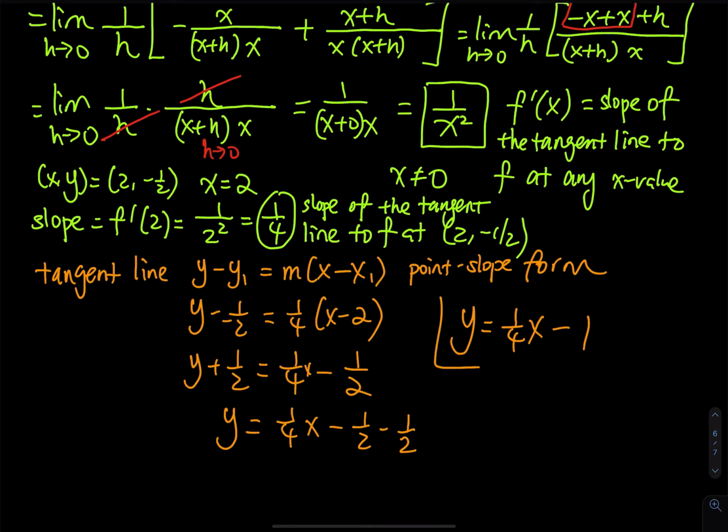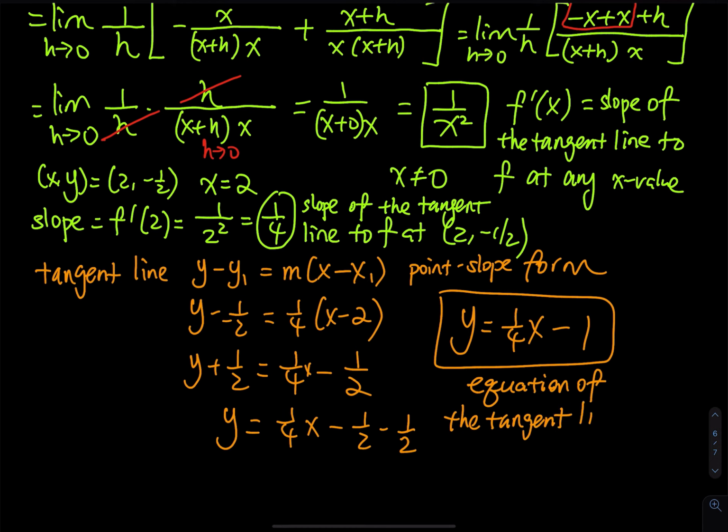And then what is this called? This is called the equation of the tangent line to the function at this point. The point is (2, negative 1/2).